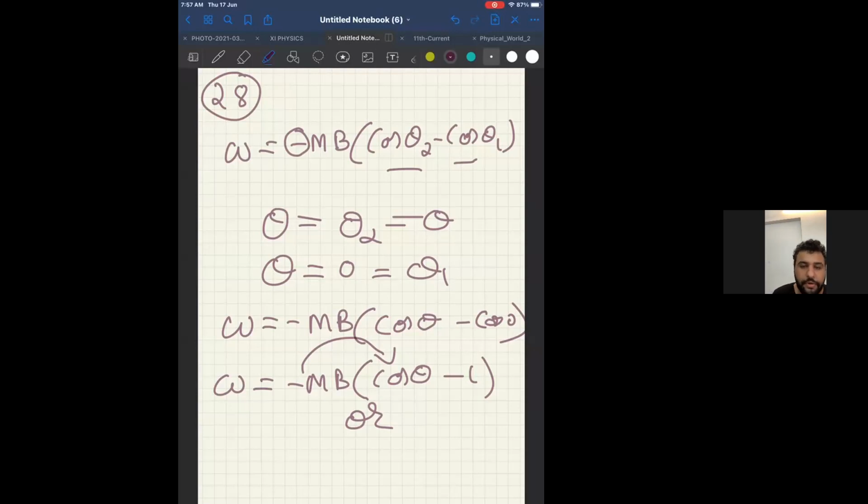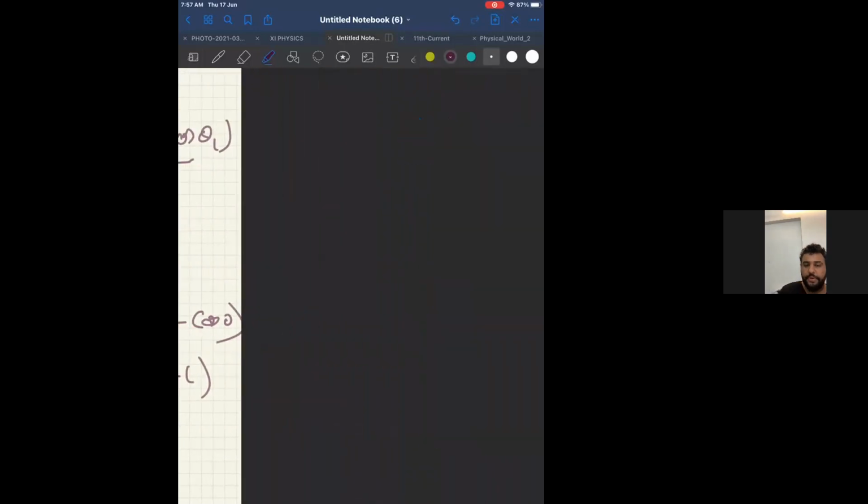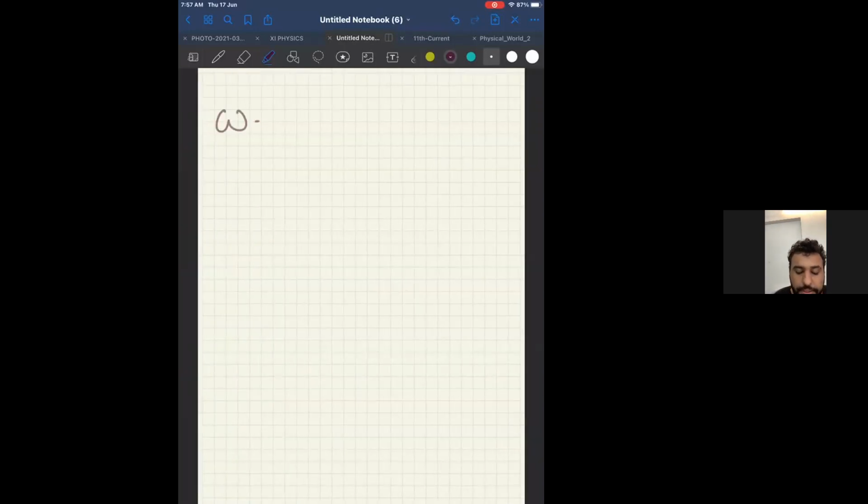For those who want the actual answer, W is equal to minus MB cos theta final minus cos theta initial. You can remember it that way also. Theta 2 is the final angle and theta 1 is the initial angle.